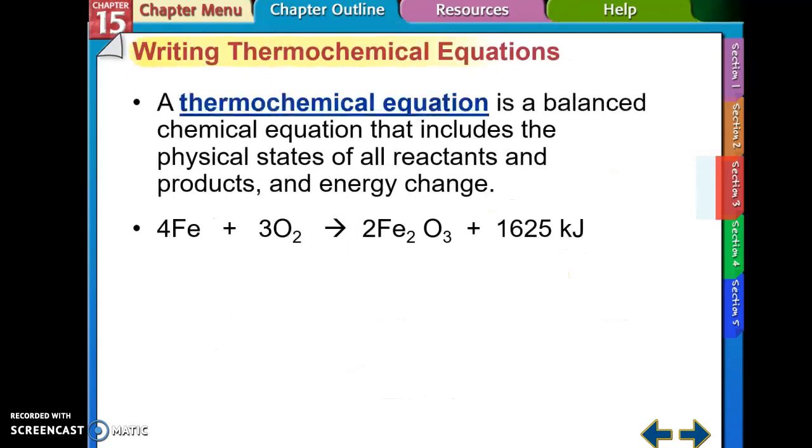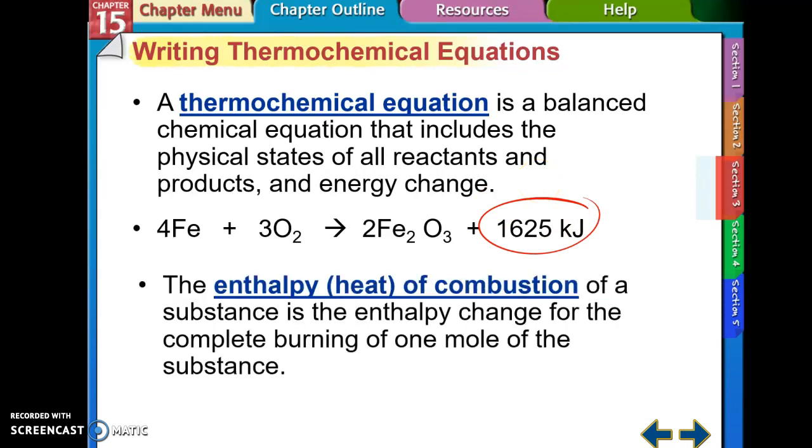So, all of these are thermochemical equations, and a thermochemical equation is a balanced reaction that includes the physical states of the reactants and products and the energy change. That's kilojoules heat right here. This is an exothermic reaction because heat is a product. The enthalpy change of combustion is the enthalpy change for the complete burning of 1 mole of a substance.